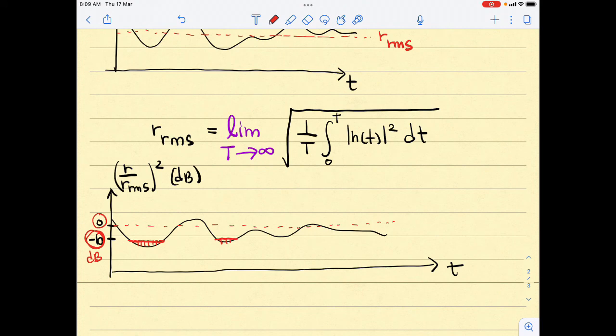The first time it dipped below minus 10 dB, this is how long it's going to be in that bad state, whatever this tau 1 is, how many milliseconds or microseconds. And the second time is right here, so the time period might be tau 2.